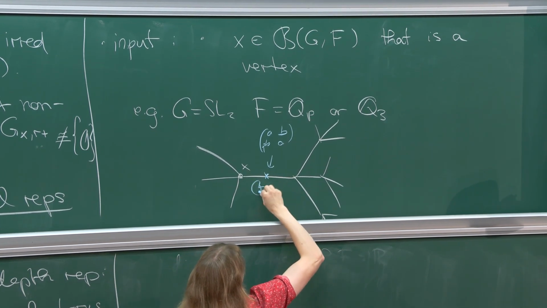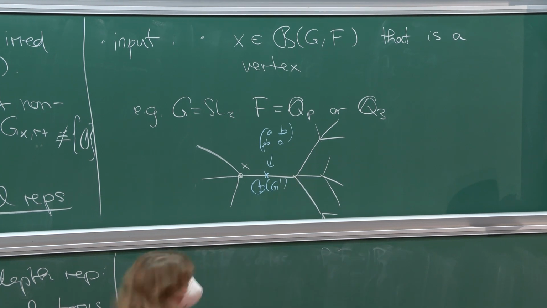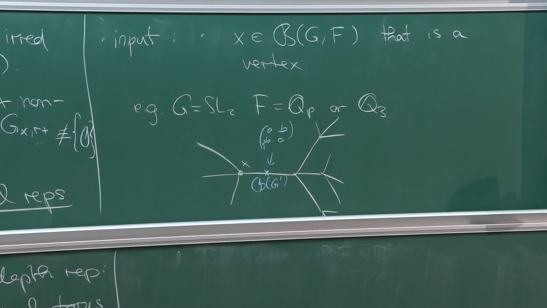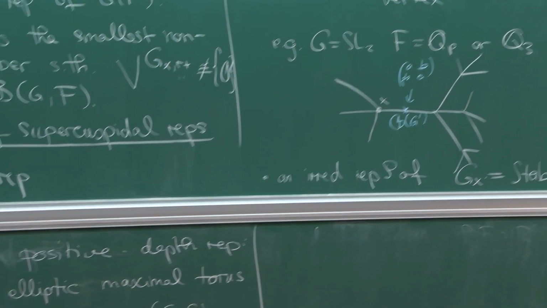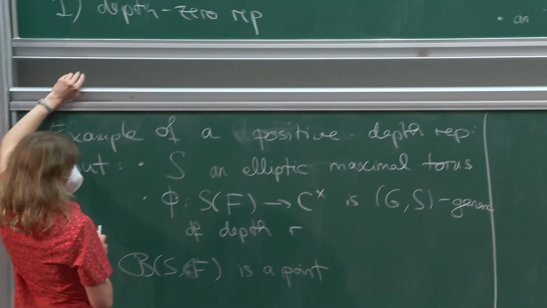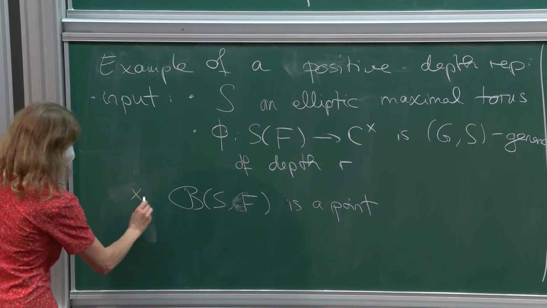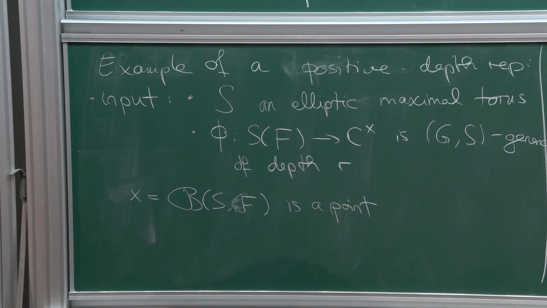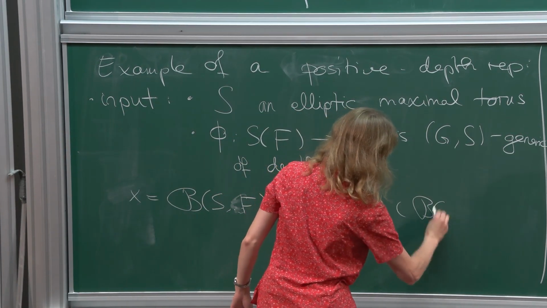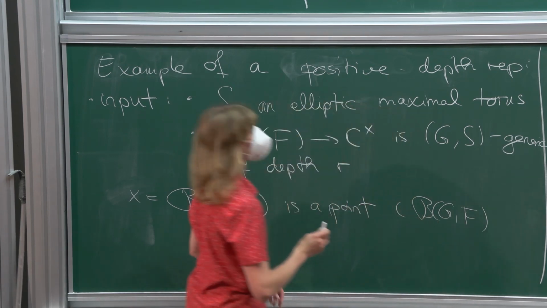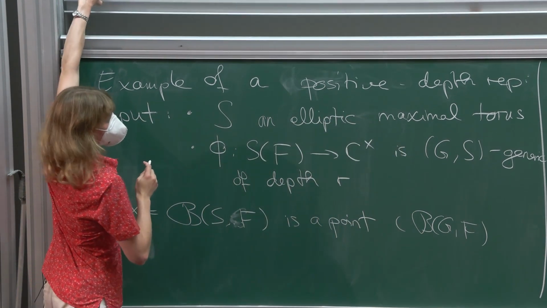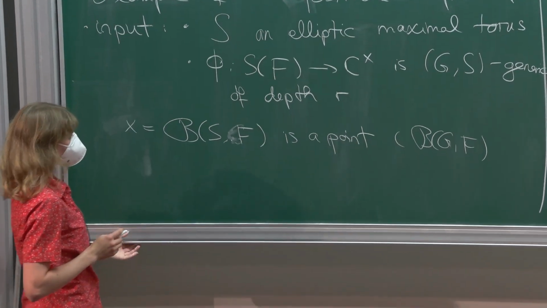This would be the building of G prime. It's just a point, and so I can also call this x. That's a point that lies inside the building of the whole group G. So an elliptic torus determines a point.